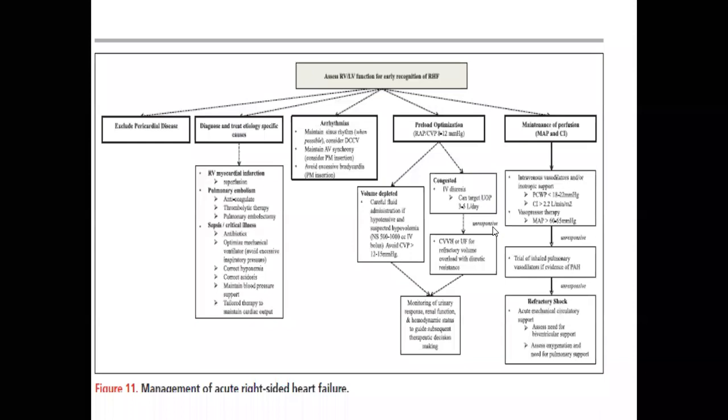And in our practice, we do have a higher proportion of isolated RV dysfunction because of domestic air pollution related pulmonary hypertension. So we have quite a lot of patients with COPD, interstitial lung disease, or previous pulmonary tuberculosis who come with isolated right-sided heart failure.